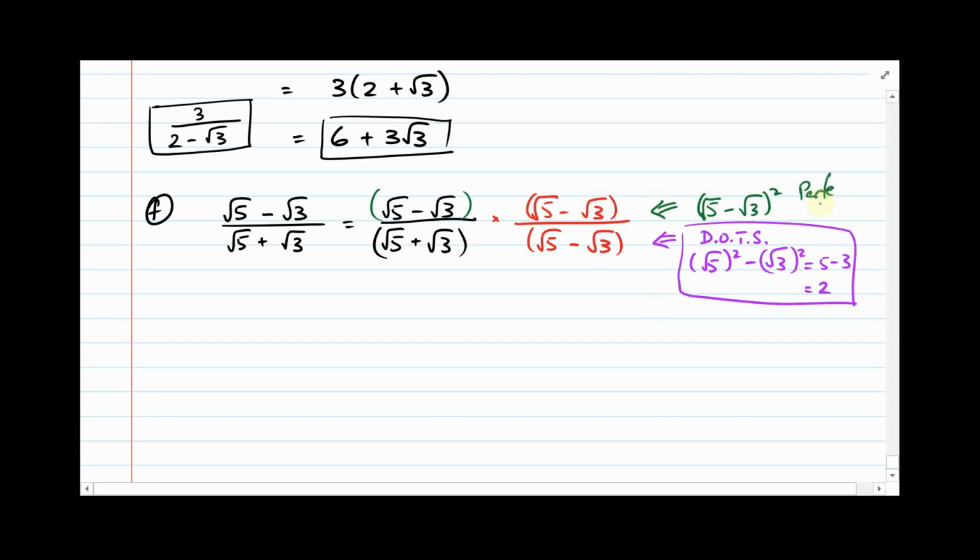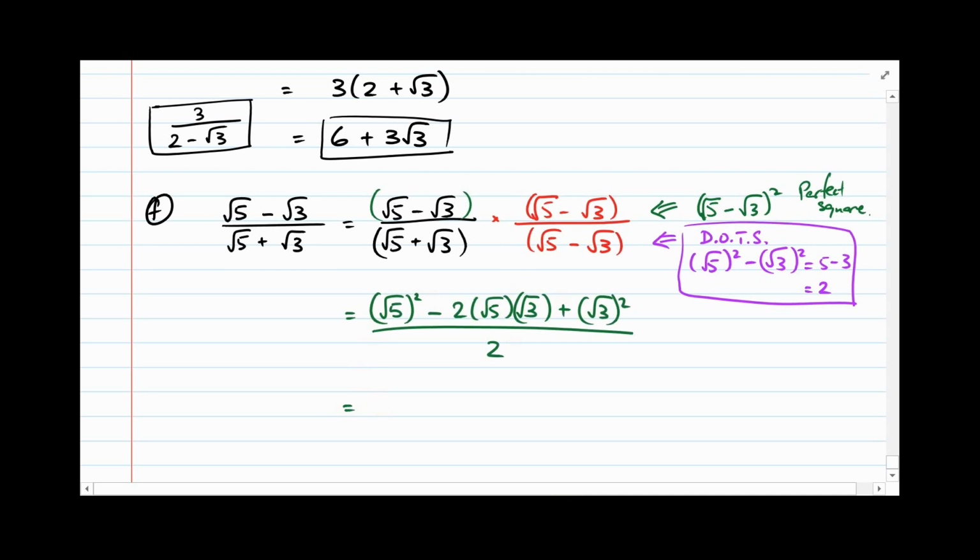And so this is root 5 minus root 3 all squared. So I'm really testing if you remember your patterns. So my numerator would be first term squared minus 2 times that mixed product plus the last term squared, and that was all over 2.